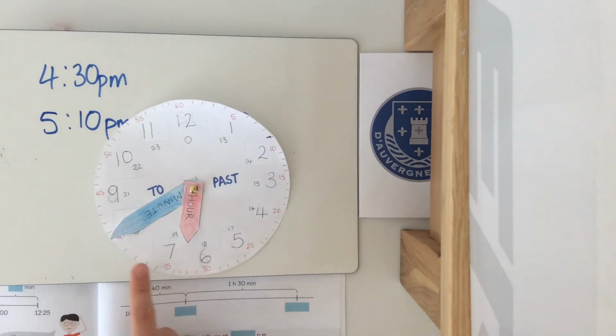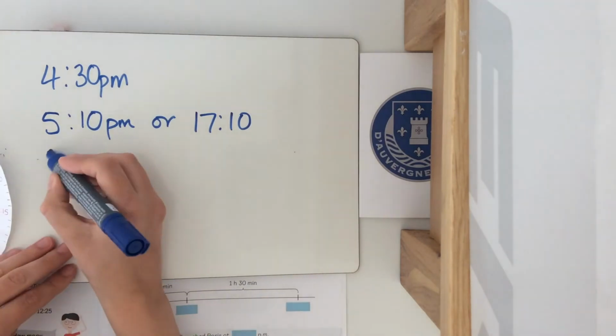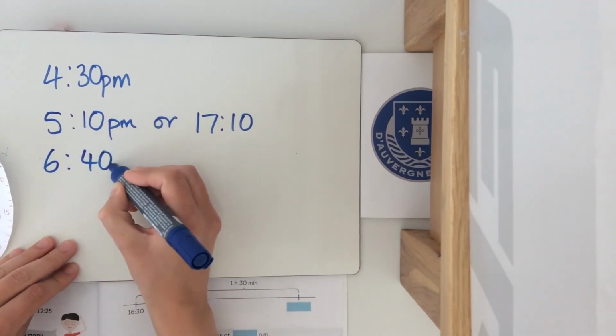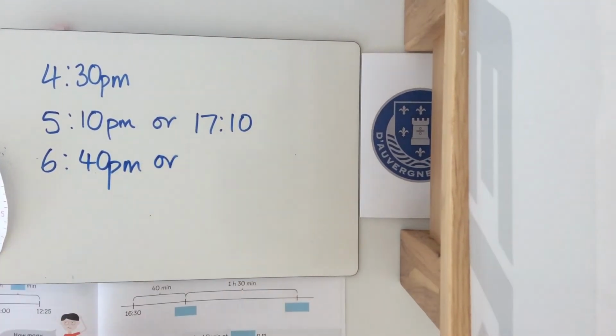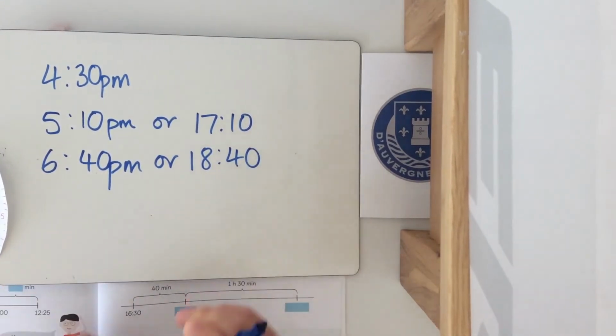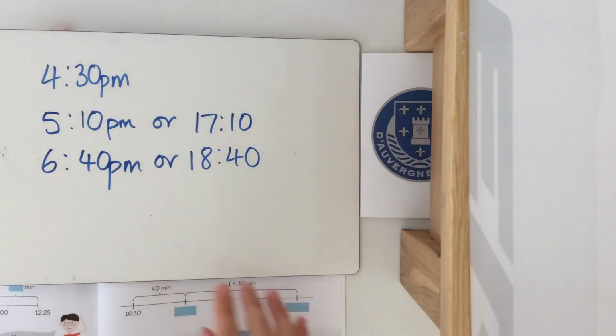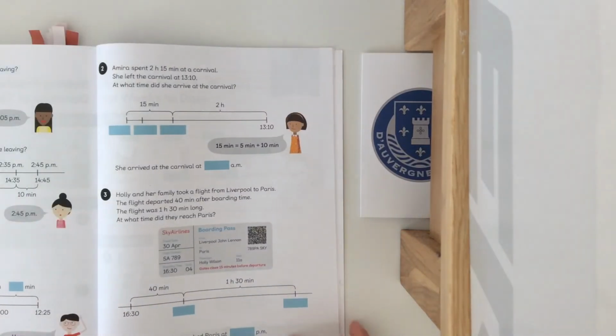Takes us to 6:40. 6:40 p.m. Or in the 24-hour time, that would be 18:40. Holly and her family reached Paris at 18:40. Well done if you've got that one.